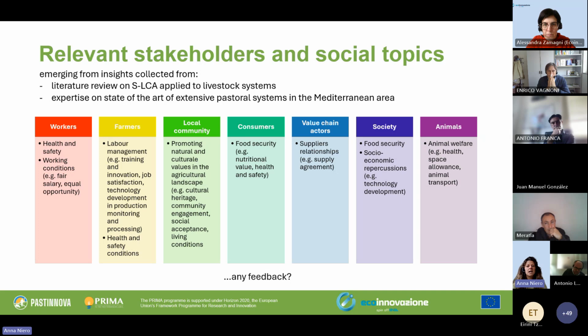So in this sense, within the social life cycle assessment methodology, we would like to incorporate the different perspectives, so as to have the most holistic understanding of the context. I don't know if with this comment I provided more information to better understand how we address social sustainability.